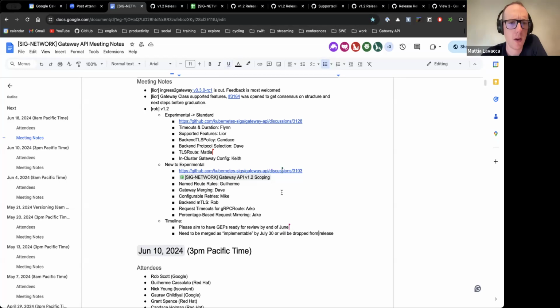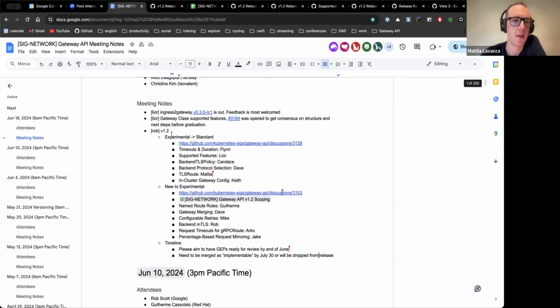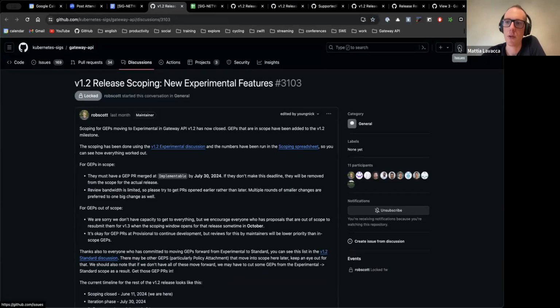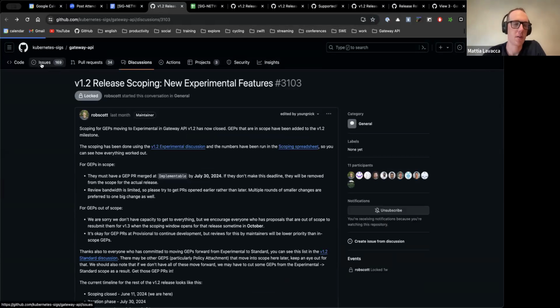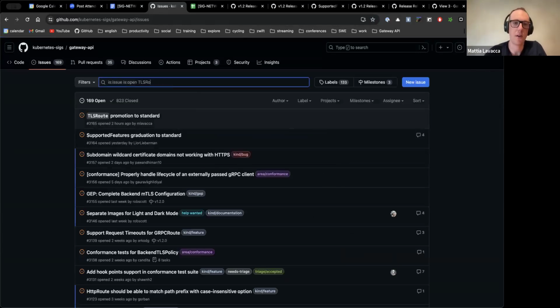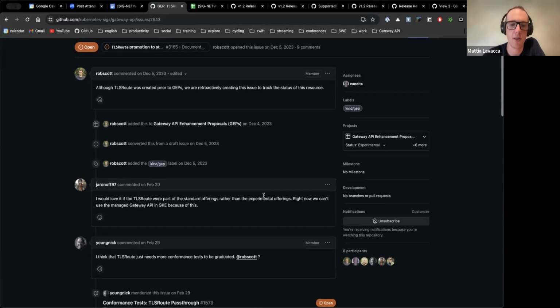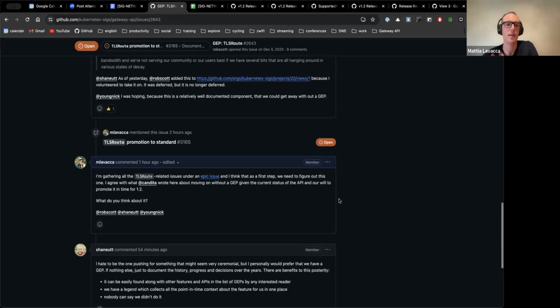Okay. Since we have no more points on the list, I actually have something related to the TLS route. There is an issue related to the GEP of the TLS route, and there's a discussion ongoing about the need of a GEP for an API which is old enough to not have a GEP.